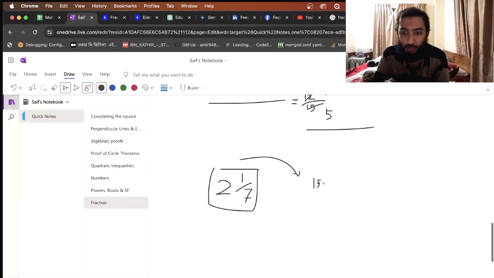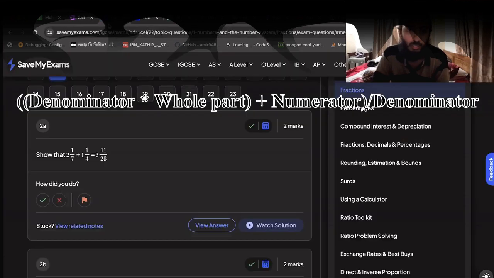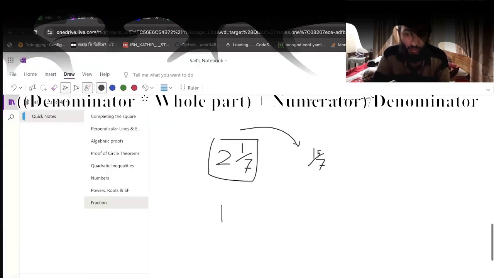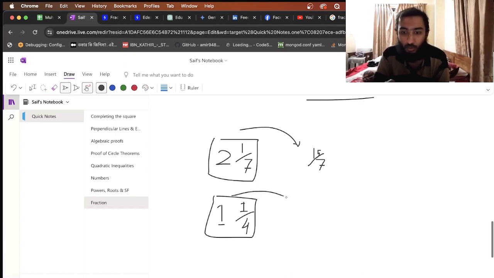So it's 15/7. Similarly for 1 1/4, where 1/4 is the fractional part, doing the same transformation, 4 multiplied by 1 plus 1 is 5, so 5/4.